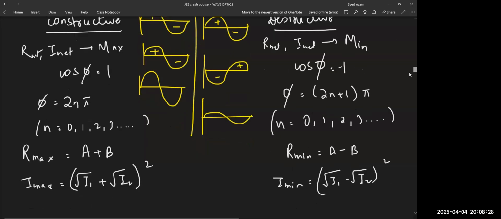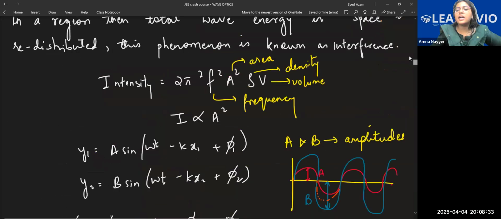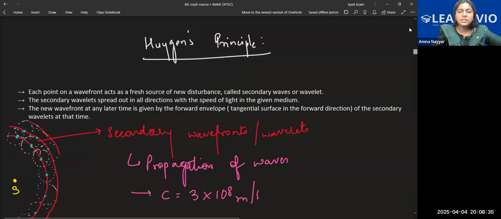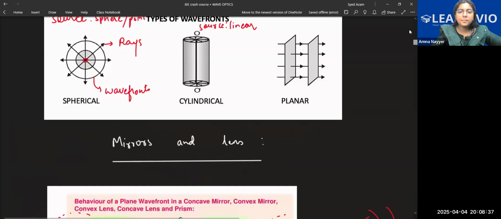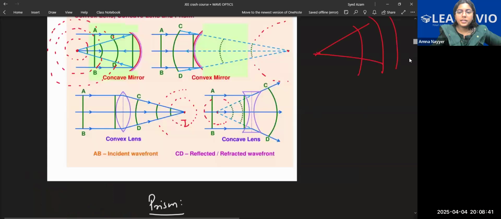Yes, ma'am. Okay, before starting with the questions, just write down few things. You have not written anything, no? Wavefront is, I'll share, you will be able to relate. Huygens principle is also.